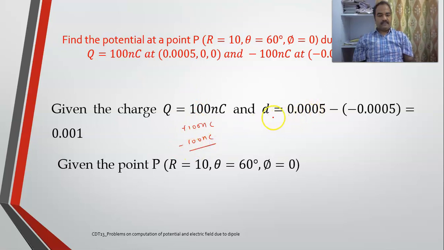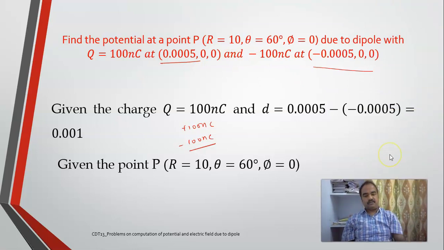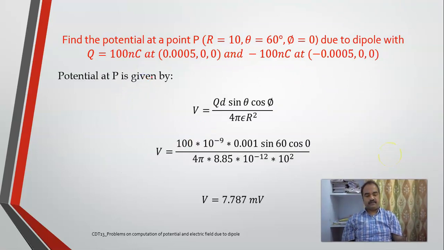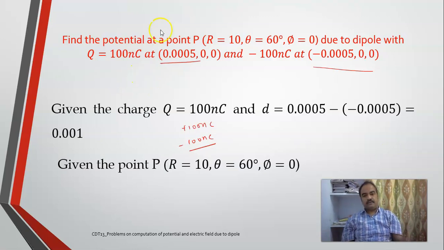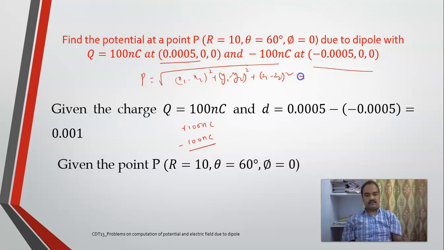The distance between these two points you know, and it is calculated as the square root of (x1 minus x2) whole square plus (y2 minus y1) whole square plus (z1 minus z2) whole square. If you do it, you will get 0.001. So both are separated by a distance of 0.001.